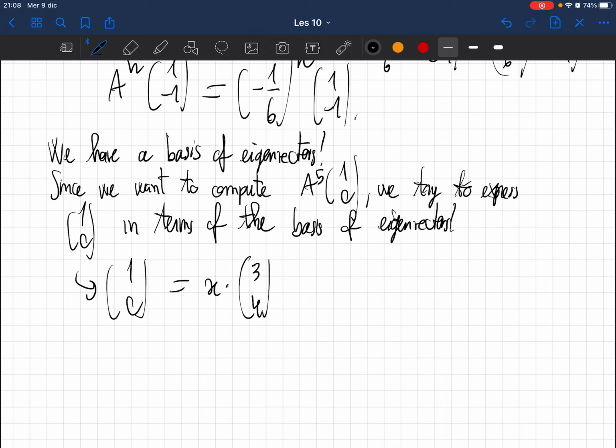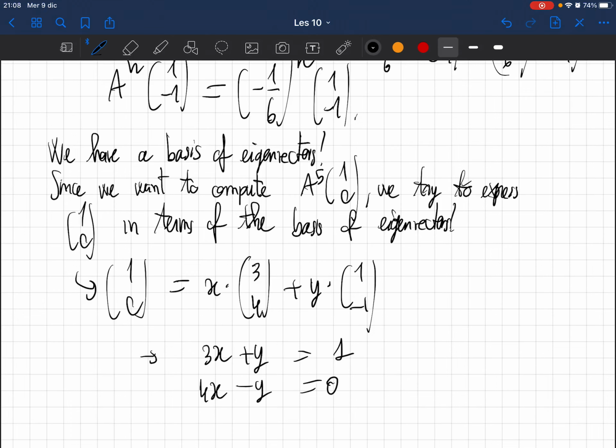x times (3, 4) plus y times (1, minus 1). Now it's just a linear system: 3x plus y equal to 1, and 4x minus y equal to 0.